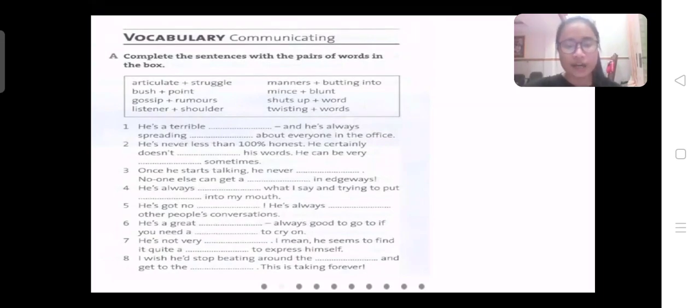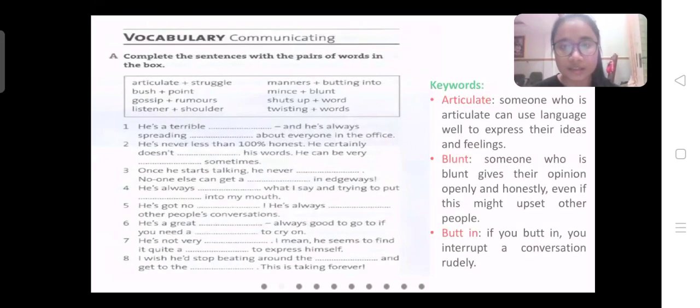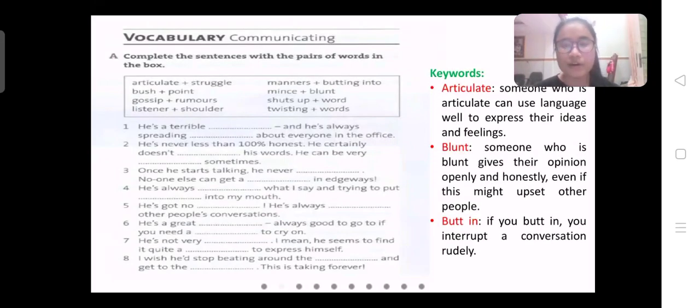But before we discuss the answers, I would like to show you the main vocabulary that I got from the keywords book. So can you click? So these are the keywords that I got from the book. There are 3. The first one is articulate, meaning that someone who is articulate can use language well to express their ideas and feelings.